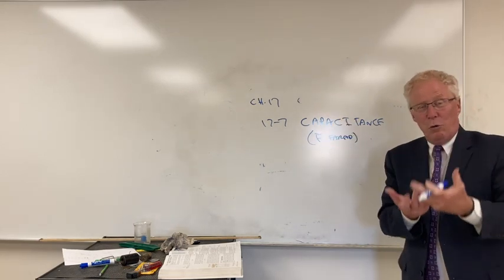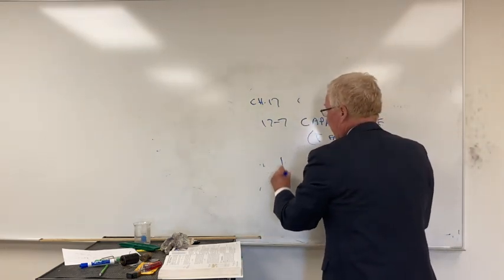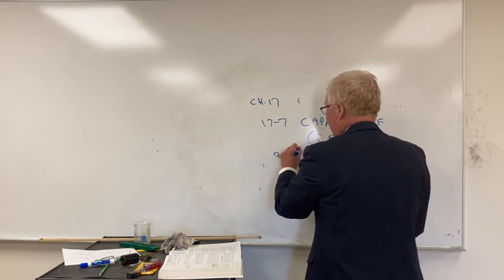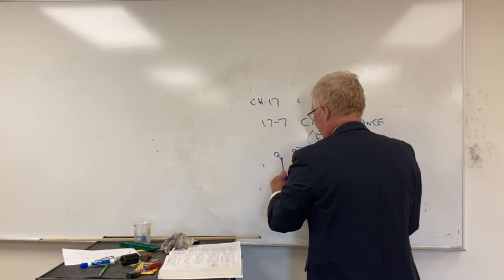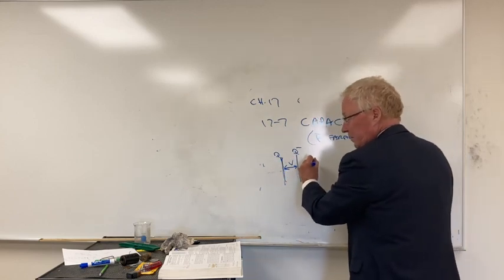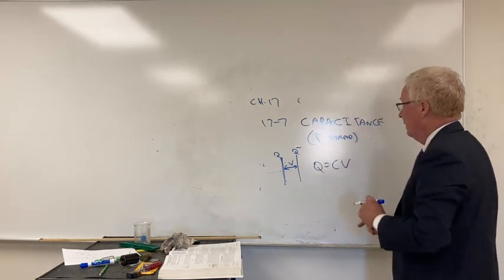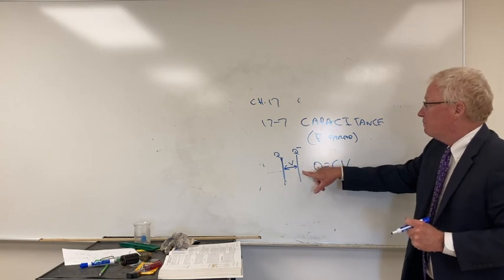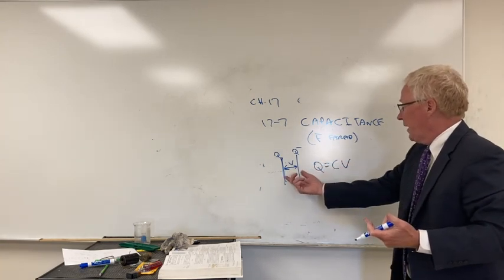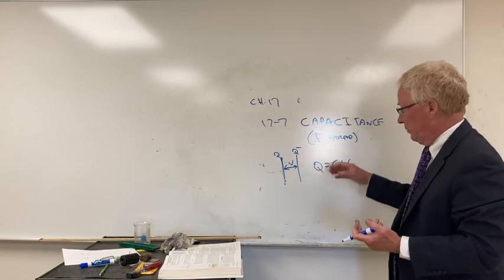Q uses coulombs, which are capital C. And for two parallel plates, which have equal and opposite charge and a voltage between them, the relationship is Q is C times V. If that's charge on a parallel plate, like a battery, V is the voltage of the battery from one side to the other. That's how we define the capacitance, the relationship there.